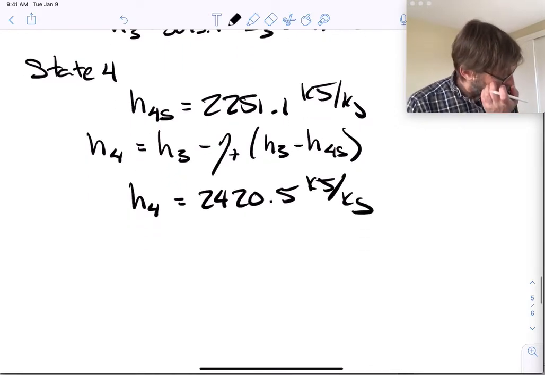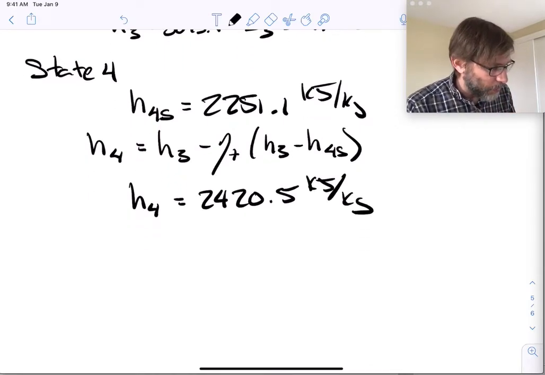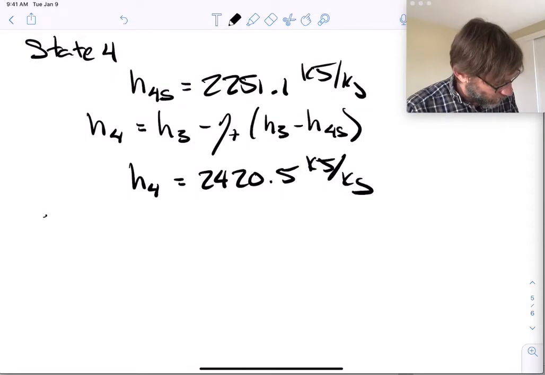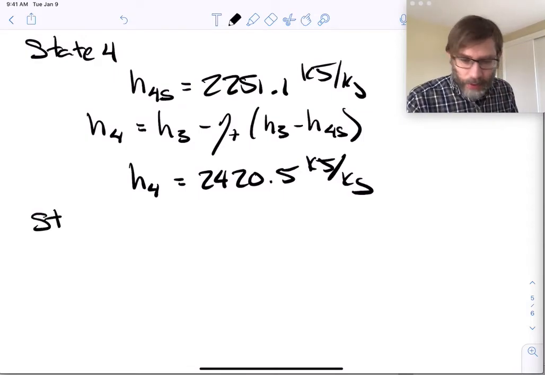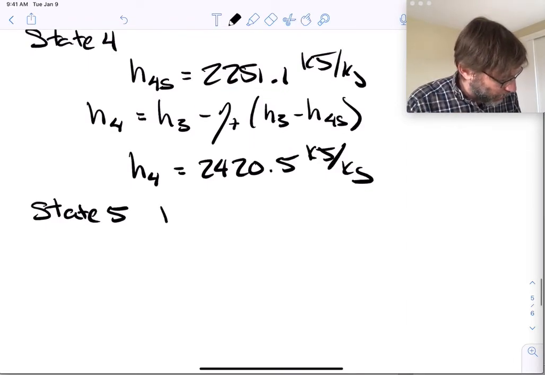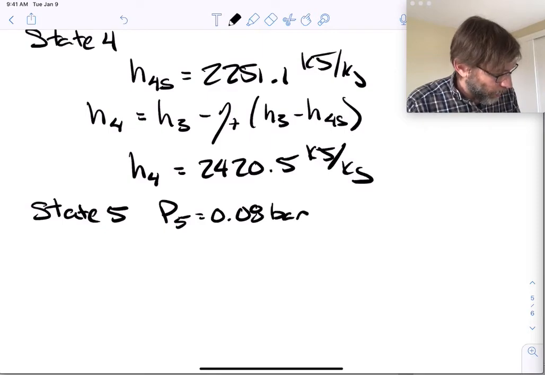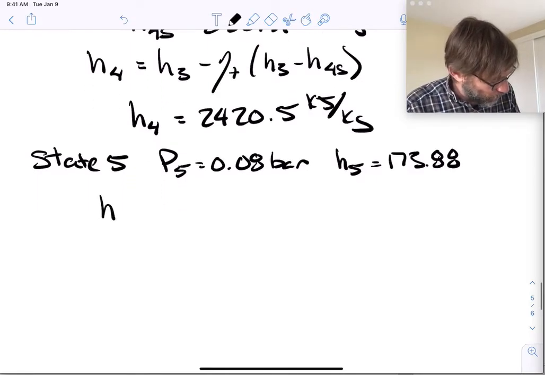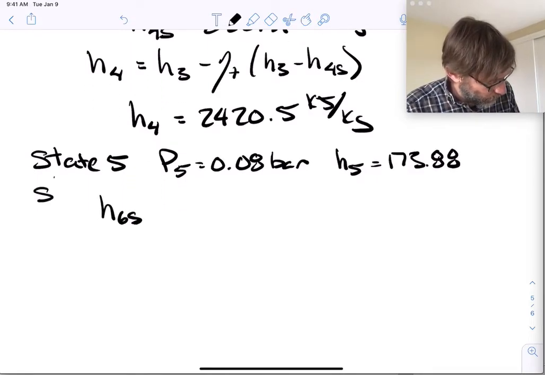Okay, and then state 5. How am I doing time-wise? Oh, I'm over. So state 5, P5 equals 0.08 bar, and H5 is equal to 173.88. Then state 6.